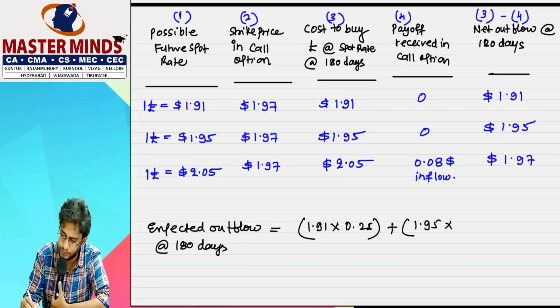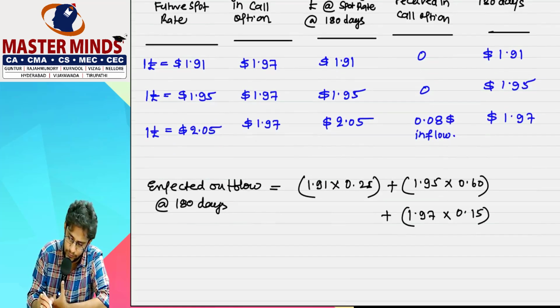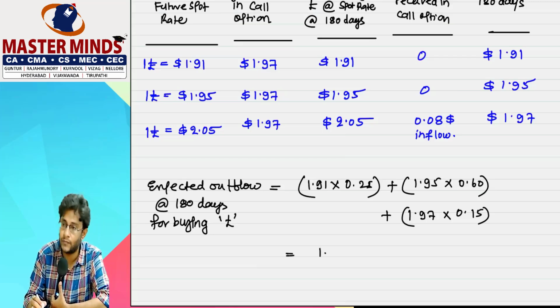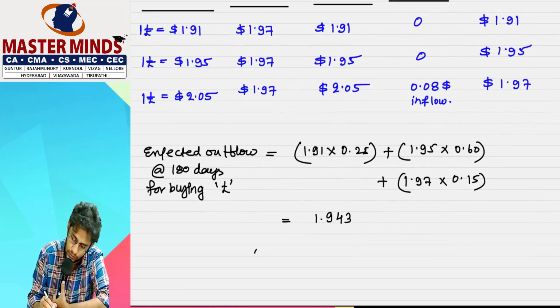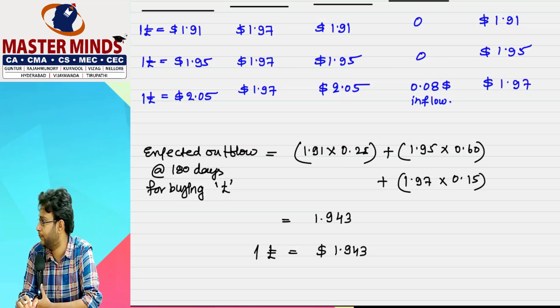This one, 1.97 into 15%. So it comes to $1.943. So 1 pound you are likely to buy at $1.943.